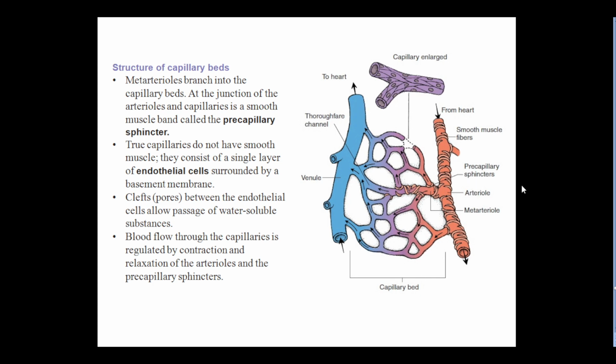And the precapillary sphincters with the arteriole will control the amount of blood flowing through capillaries. And clefts, as we have mentioned before, will determine the size of a substance which can pass through. And blood flow, as I said, will be regulated by the contraction or relaxation of the arteriole.